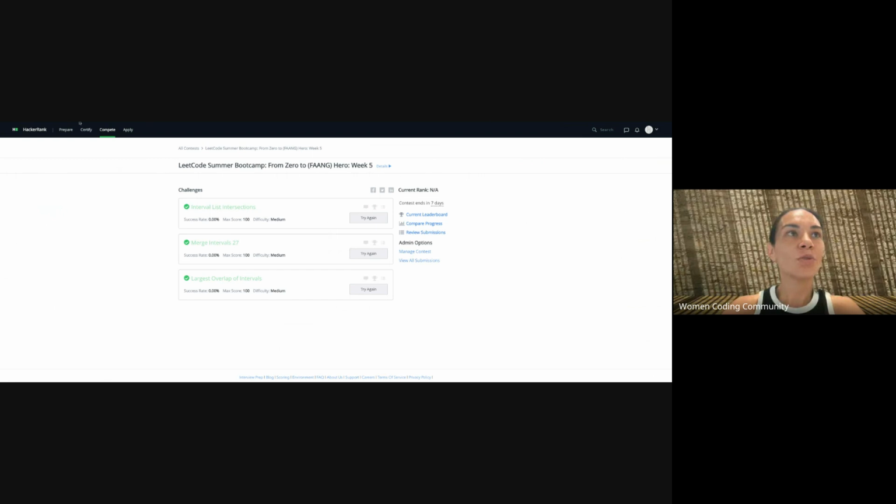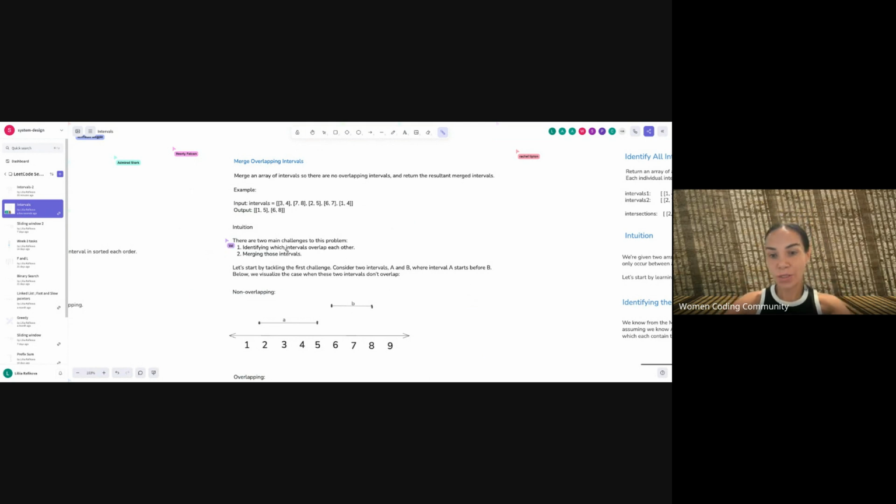So this is our first task. I will also share a link to the challenges. The first one is merging overlapping intervals. Let's cover the description first.